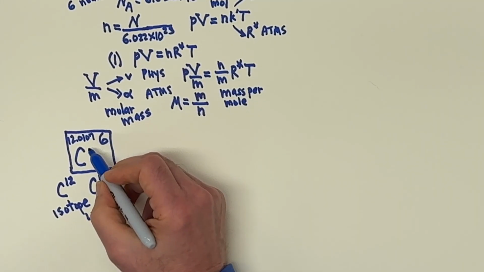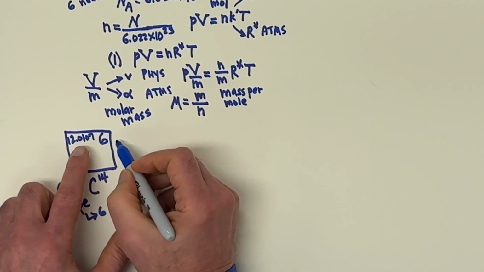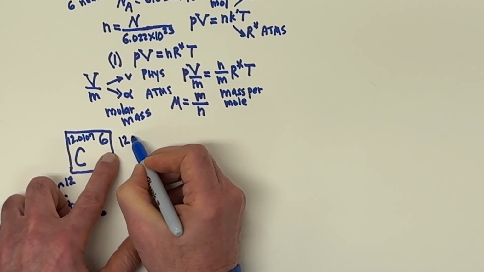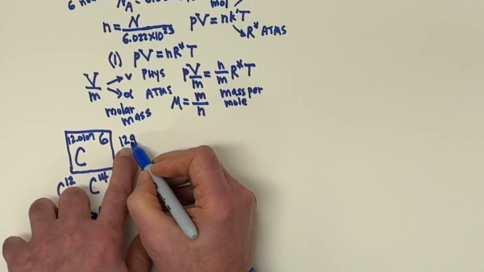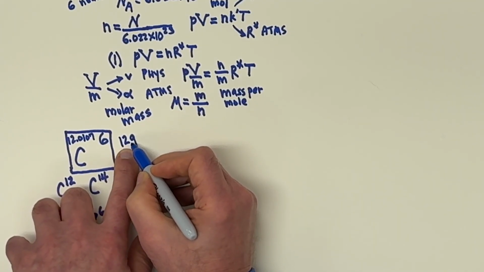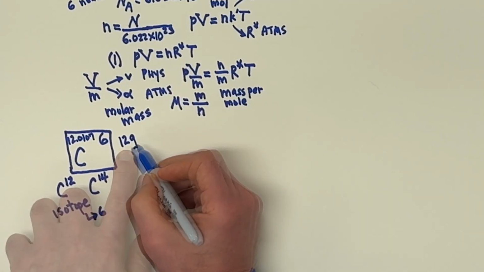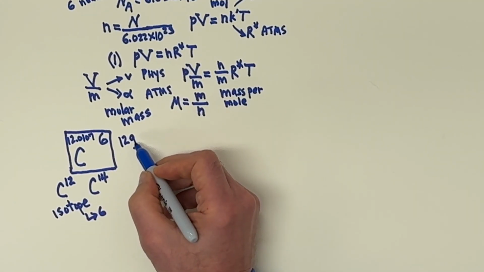In the old days, when they defined the mole as the 12 grams, if you had 12 grams of carbon, you would have Avogadro's number. So you would have 1 mole. So that relates to the history a little bit.